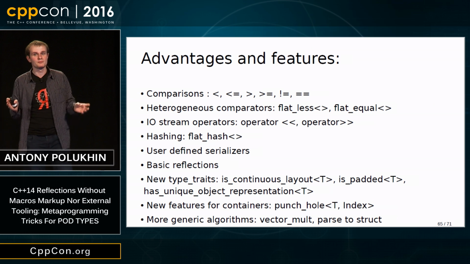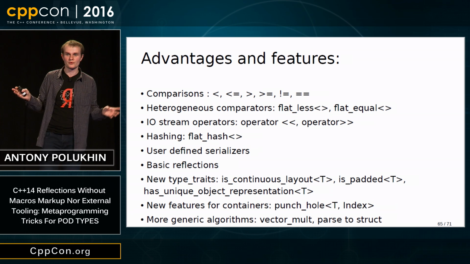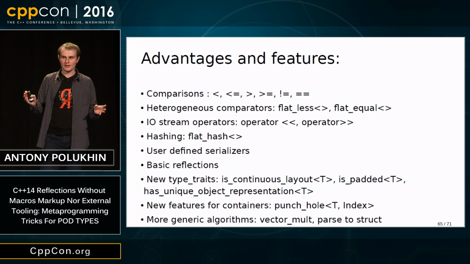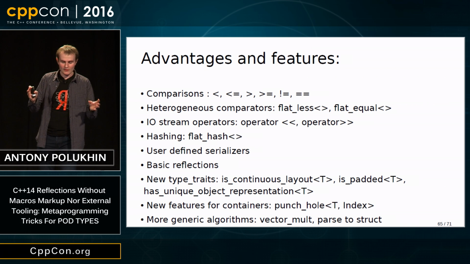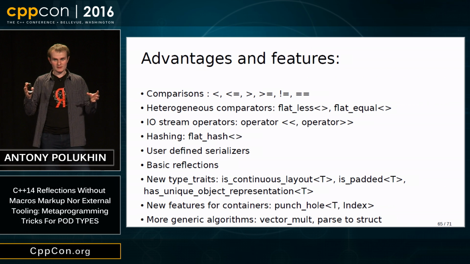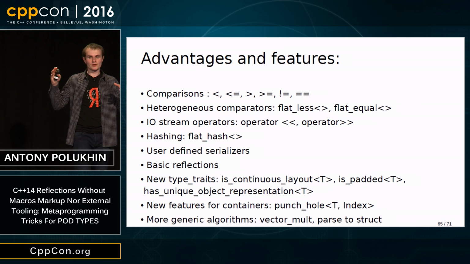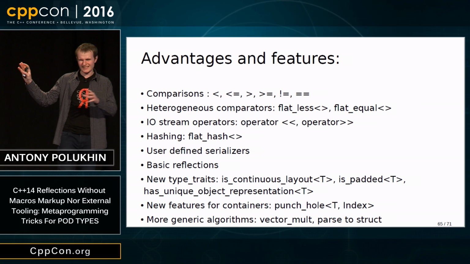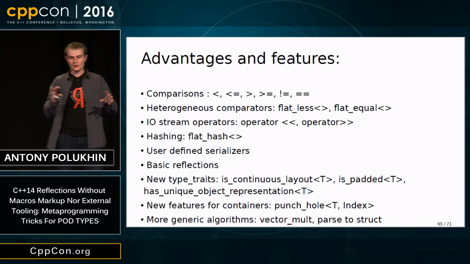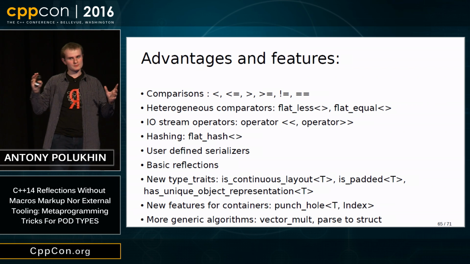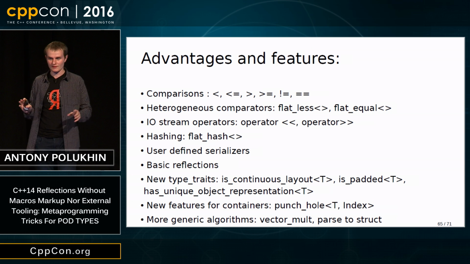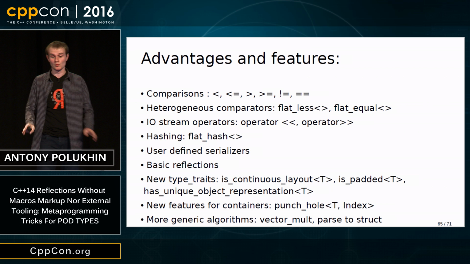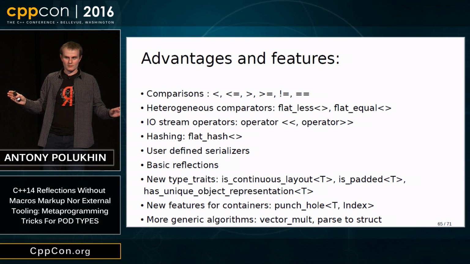We can write vector multiplication that works with any user-provided types. And we can improve the Boost.Spirit library significantly. Now the Boost.Spirit library could parse data directly to the user-provided structure. No macro. You do not need the Boost Fusion create structure, something ugly. You do not need to use the Boost.Spirit register structure or something like that. Just put a structure into the rule of the Boost.Spirit and that's it, it will work. Looks awesome to me.